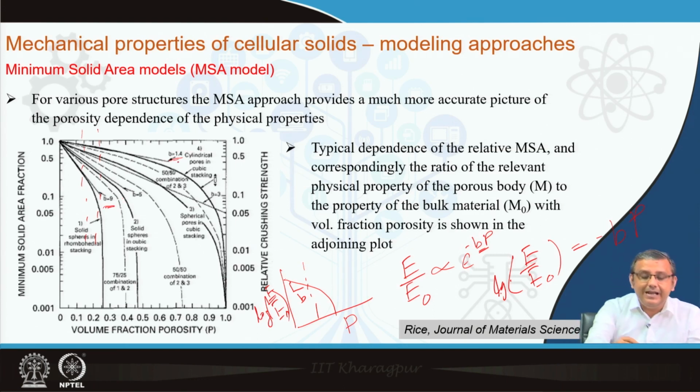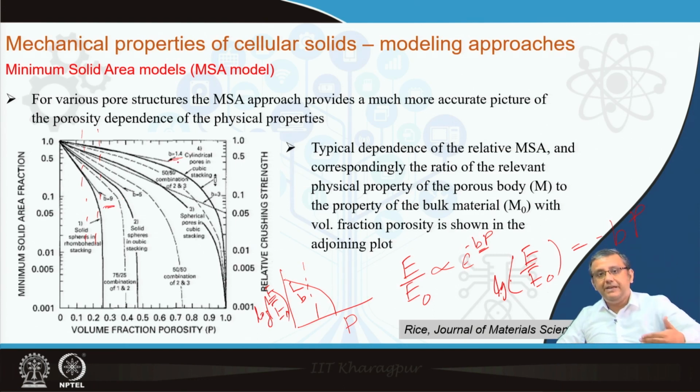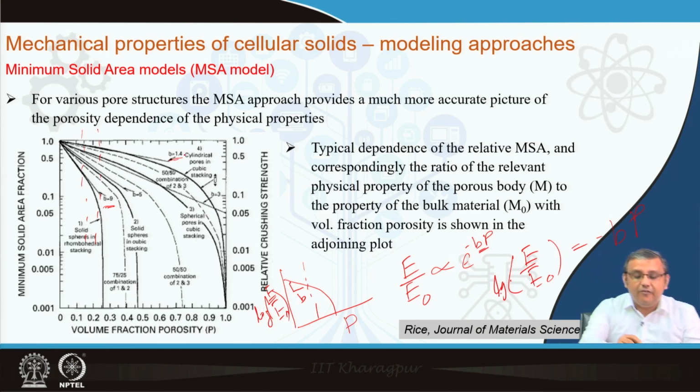If the value of B is low, then porosity has a lower influence on the property. For any pore shape for which B is low, the drop in the property value with increasing porosity will be much lower.